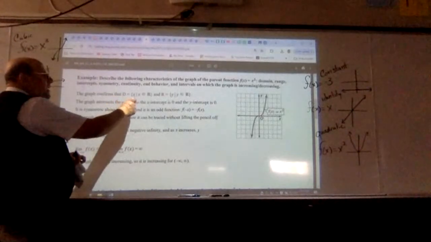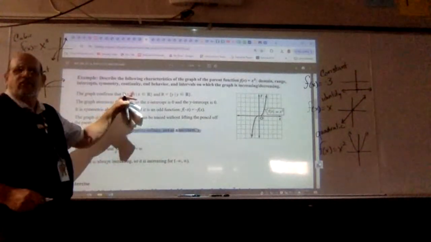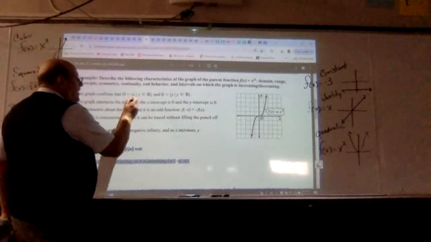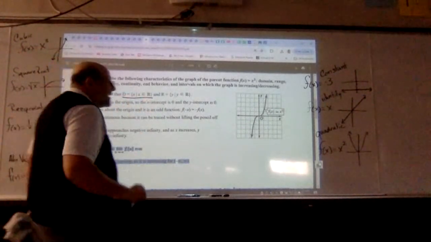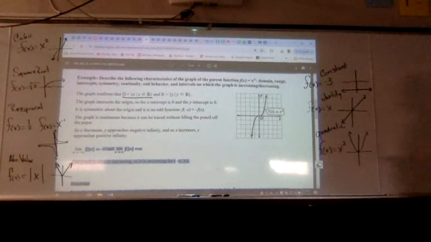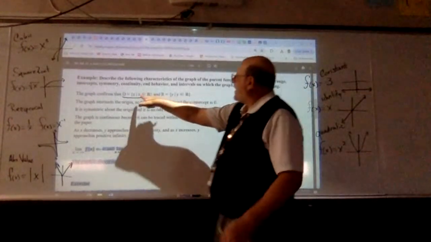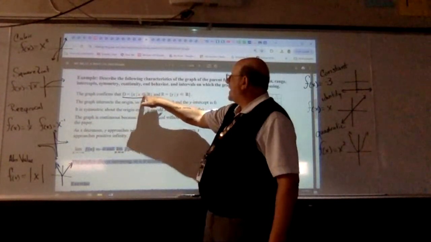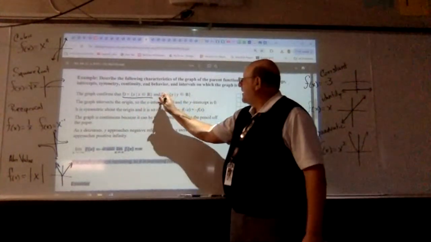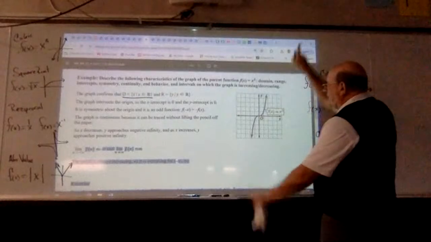So my domain, oh, here's our set builder notation again, what you guys love, right? Domain: the value of x such that x is an element of all real numbers. That just means it's everything, right? And then the range, do I get out values?